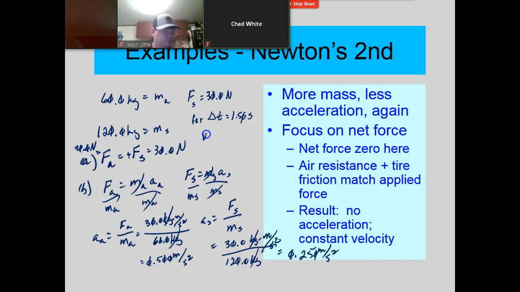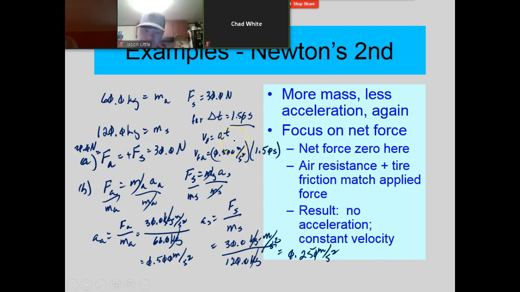If you remember, V final is equal to, and when they first push, the initial velocity was 0, A times T. Okay? Here's your delta T, here are your various A's. So the final velocity of the astronaut is 0.500 meters per second squared times the time interval, which is 1.5 seconds.